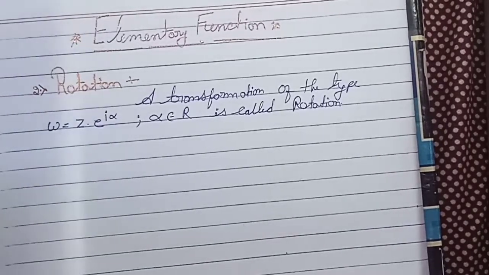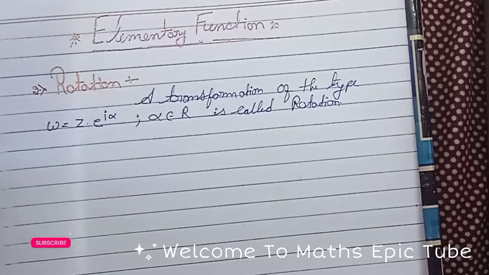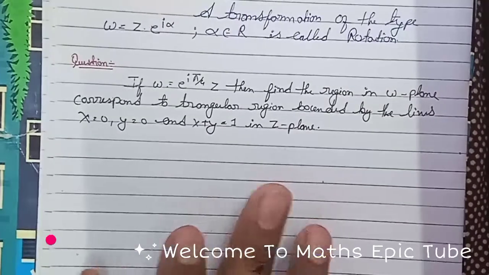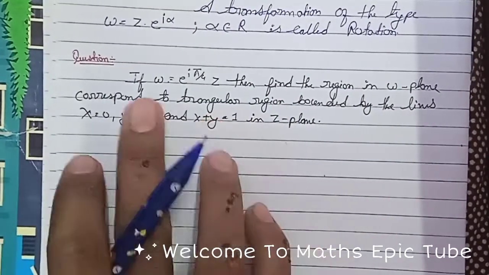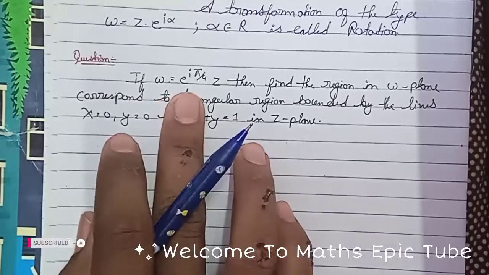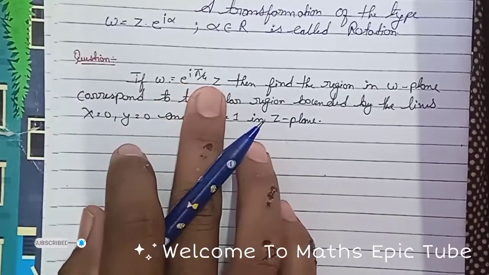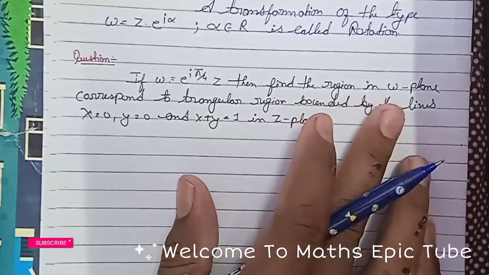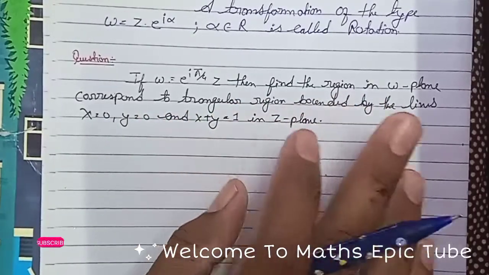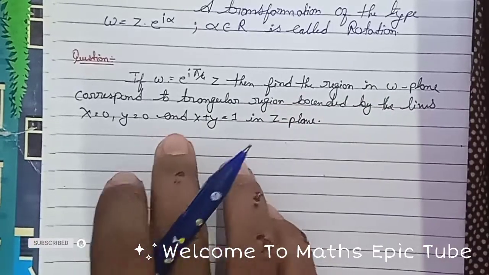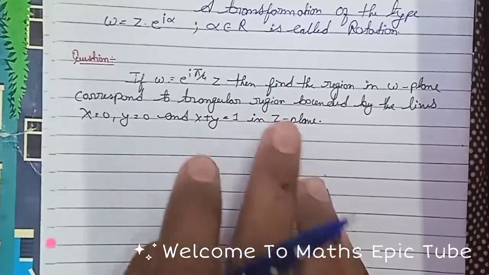Now see another example which is related to rotation. We are given that if omega equal to e to the power iota pi upon 4 into z, then find the region in omega plane corresponding to the triangular region bounded by the lines x equal to 0, y equal to 0 and x plus y equal to 1 in z plane.